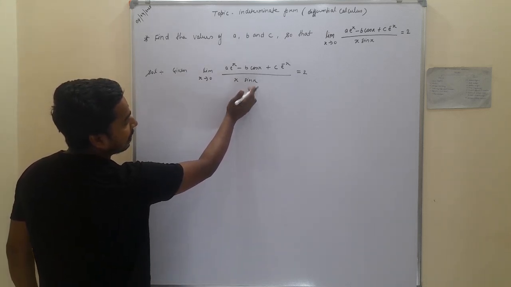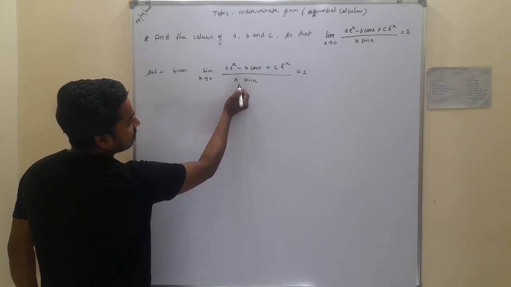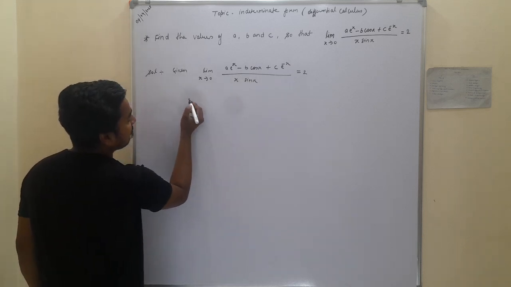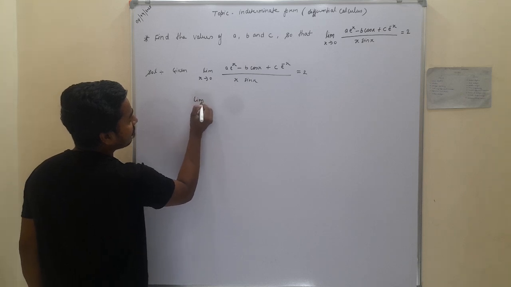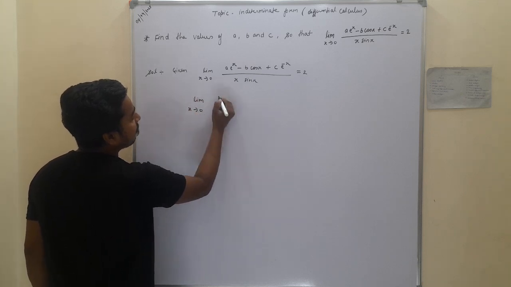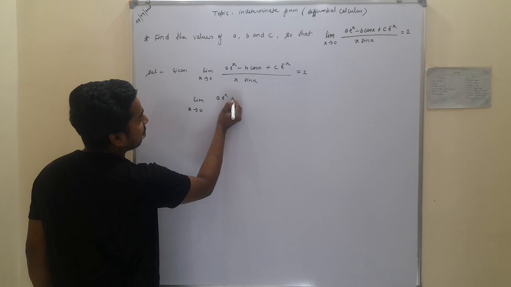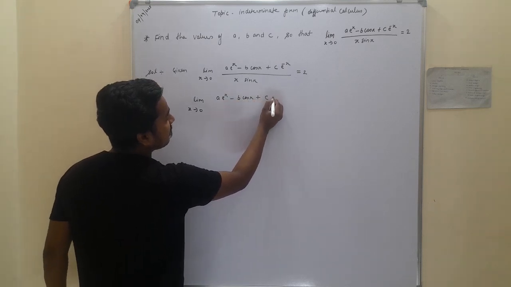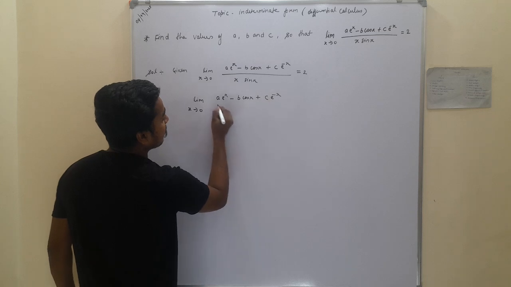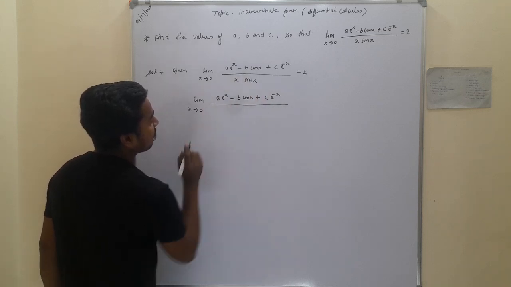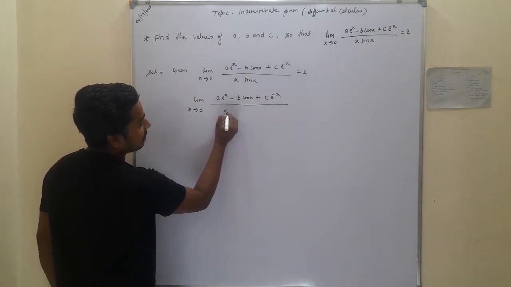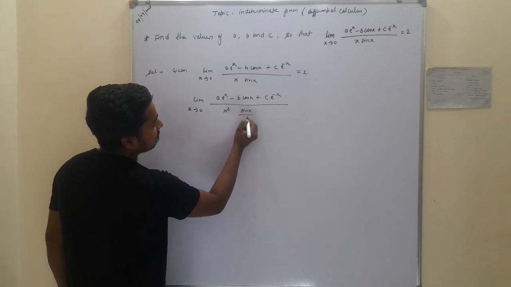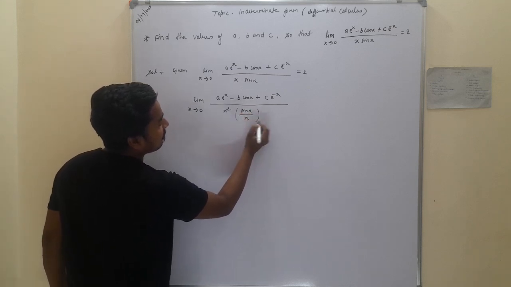In the denominator, we multiply with x and divide with x. Then the given limit becomes limit x tends to 0, (a e^x − b cos x + c e^(−x)) / x², multiplied by x / sin x. Here in the denominator, multiplying with x we get x², and dividing with x we get the remaining part.